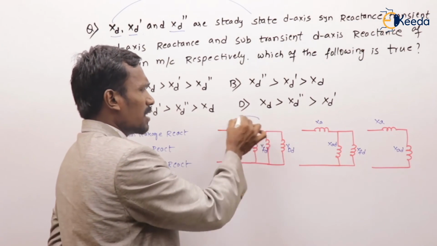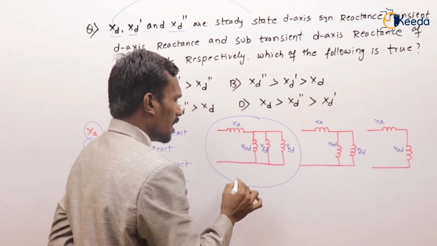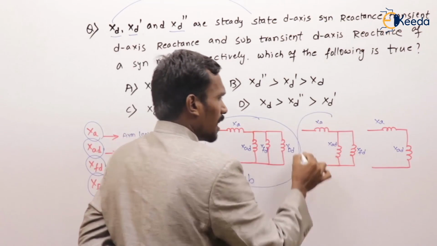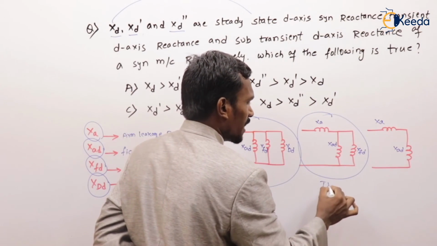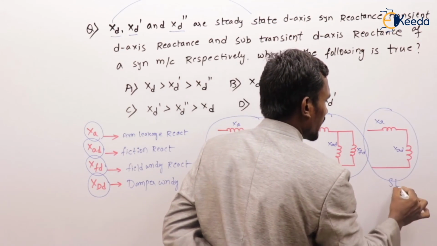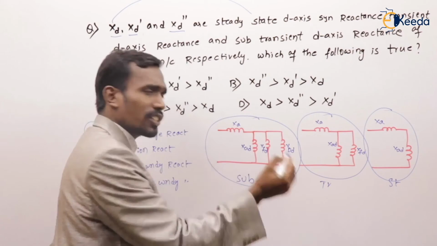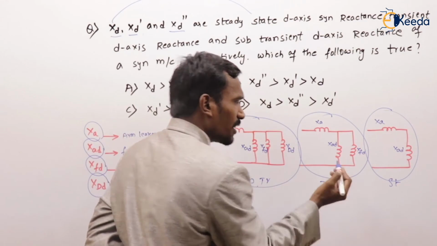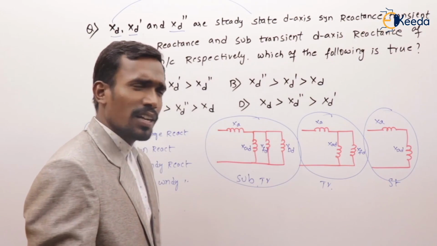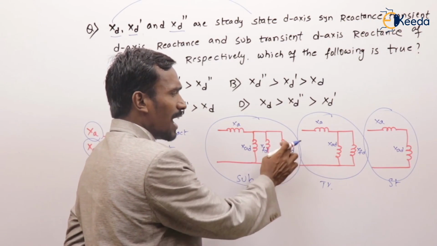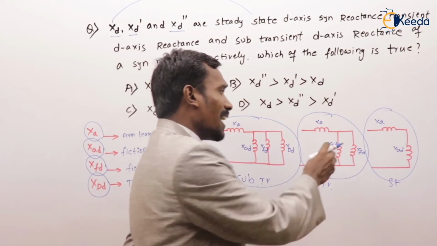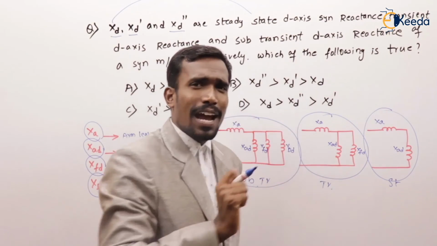If we draw the diagram, this is the subtransient reactance, this is the transient reactance, and this is the steady state condition. In subtransient condition, we have the damper winding reactance also included. But in transient condition, there is no damper winding.